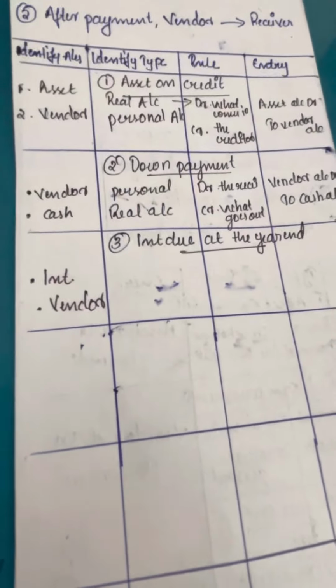Here interest is a nominal account, a revenue expenditure, so it's an expense. In the case of a nominal account, debit all expenses. Vendor is a personal account. In the case of payment, the vendor becomes the receiver. Sorry, here interest is due. In the case of due, the vendor becomes the creditor.